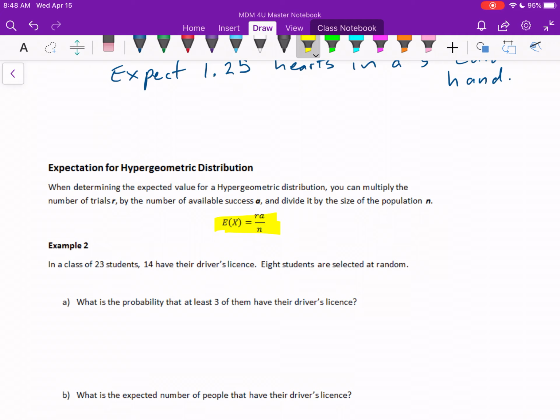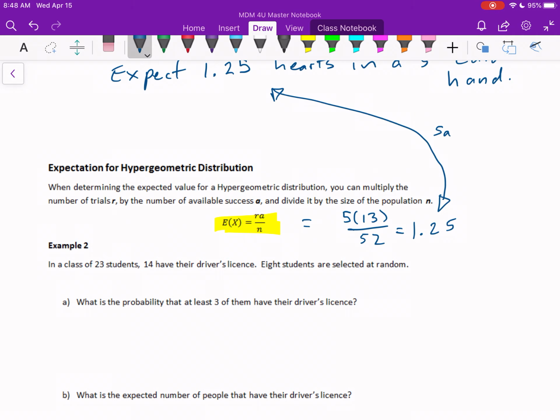For example 1, r was the number of cards that were dealt. So that was 5 cards dealt, and there were 13 successes out of 52 cards. And lo and behold, that works out to be 1.25. So those two are the same. Much shorter to do.